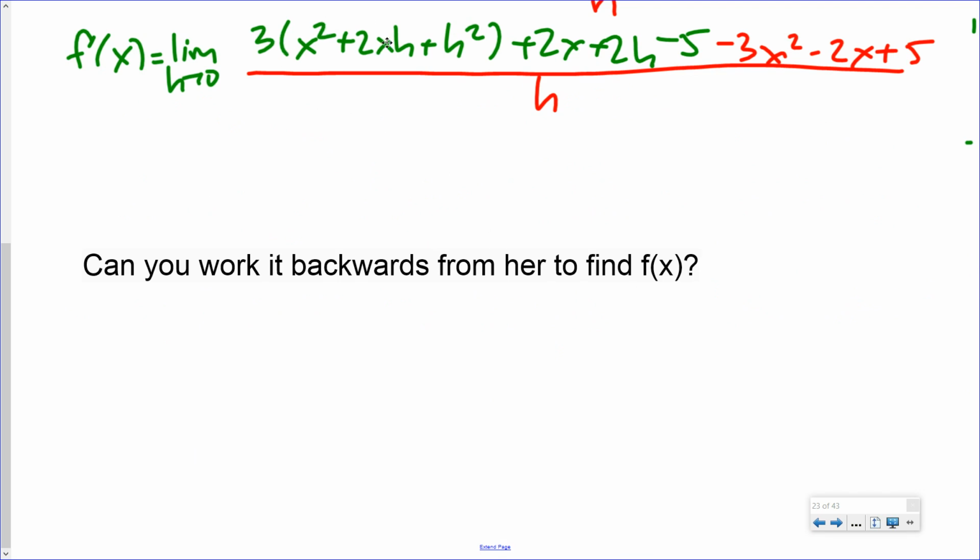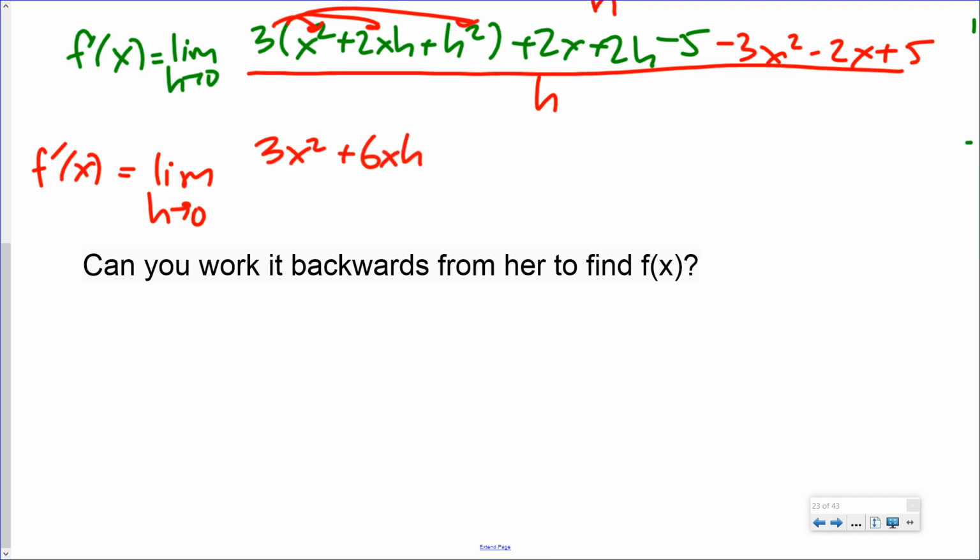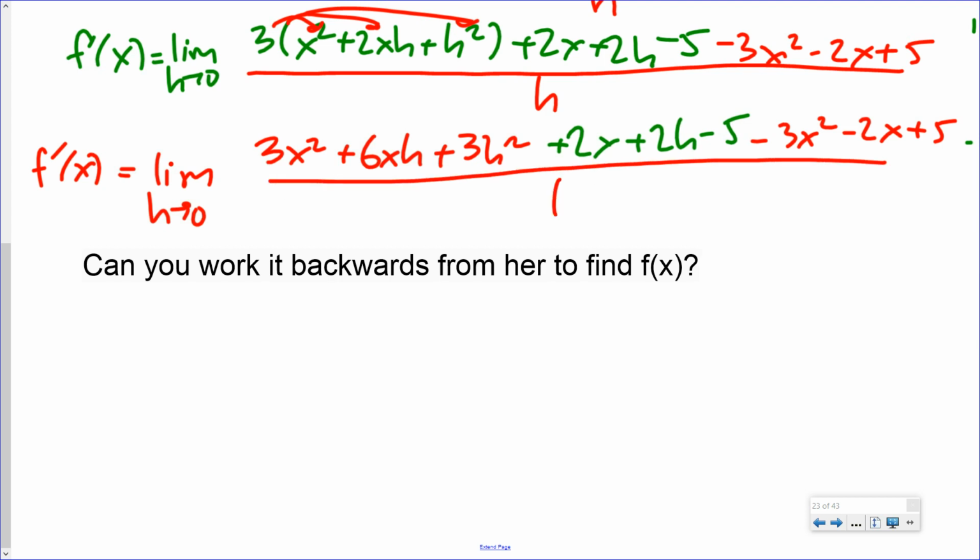Now, this 3 can still be distributed a little bit further. This is going to be 3x squared plus 6xh plus 3h squared. You guys agree with that? Plus 2x plus 2h minus 5 minus 3x squared minus 2x plus 5, all over h.